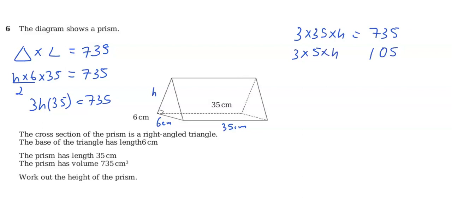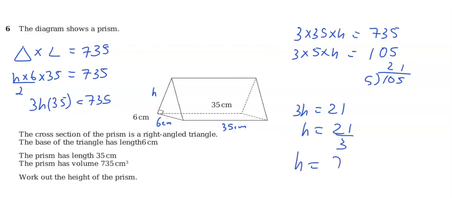I've divided the 35 by 7. And so here I can divide by 5. 5s into 105. 5s into 10 is 2. 5s into 5 is 1. And so 3h is 21, and h equals 21 upon 3. So that h equals 7 centimeters.